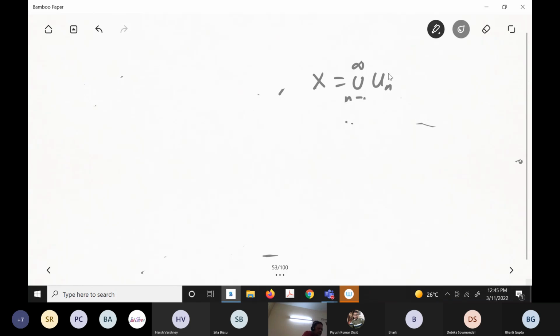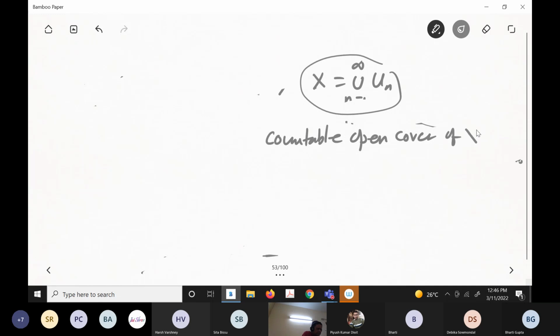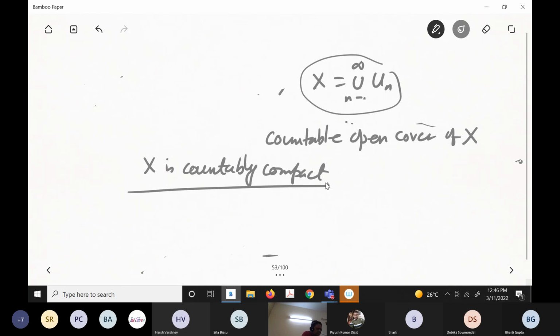I was getting this cover, so actually I was getting a countable open cover, and I wanted a finite subcover. This book was on real analysis, that's why they didn't talk about countably compact. But if X is countably compact, still I will have this finite subcover.